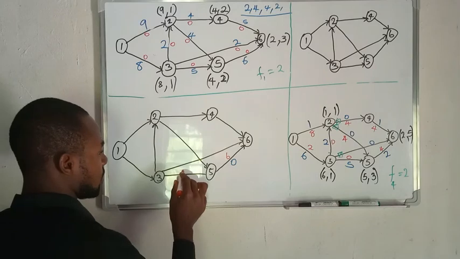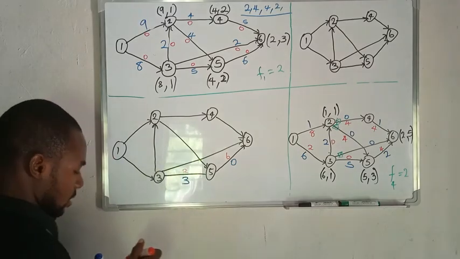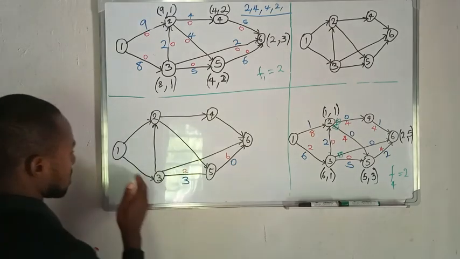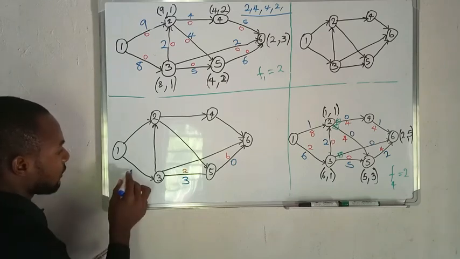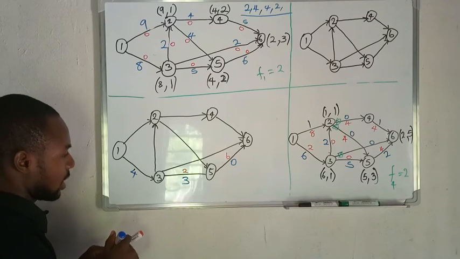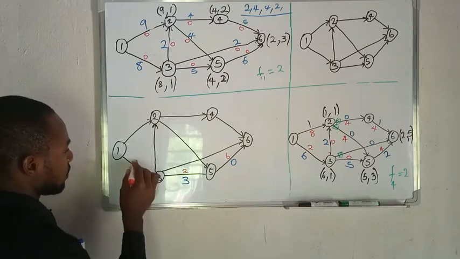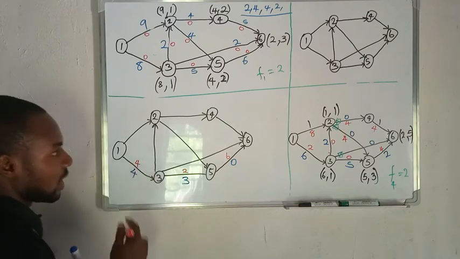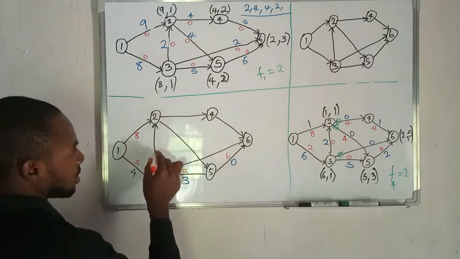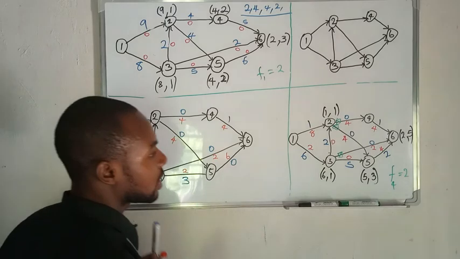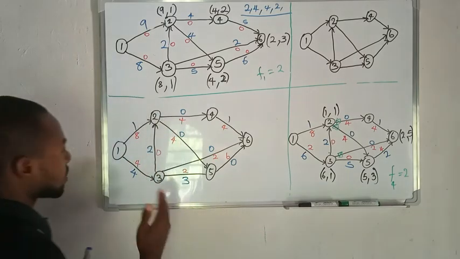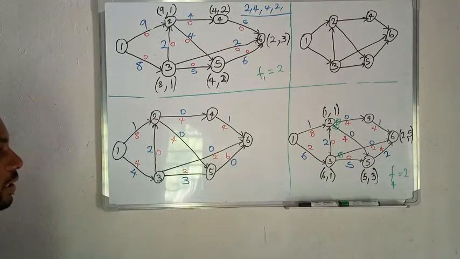And then here we have 2, and the 3 is getting its own from 1, so subtract 2 from there, we have 4 here, and then right here we have 4. And to write out the rest, we have 8. This is our new network here, and then we try to see if we can label again.